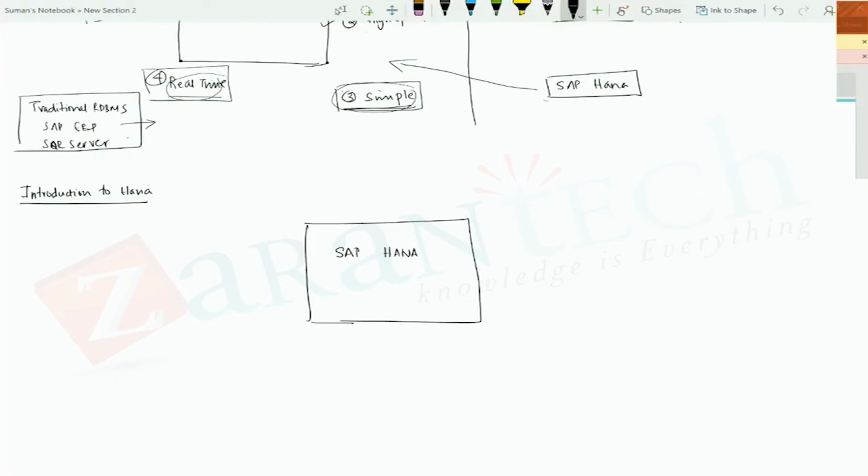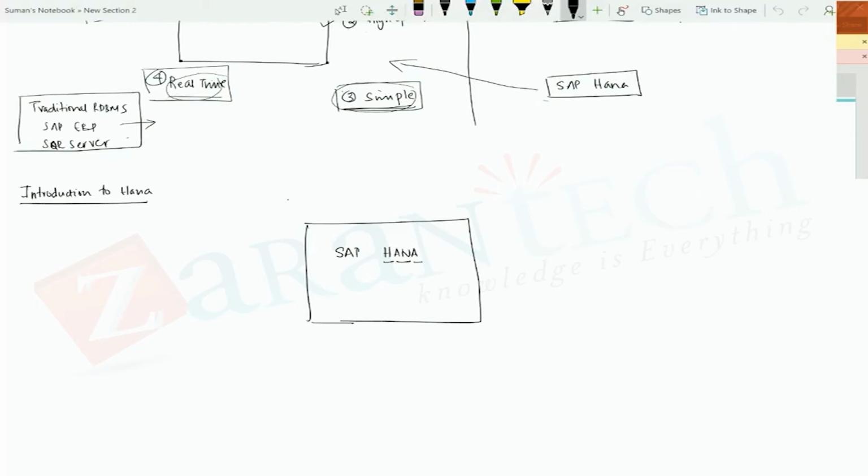To start with, everybody knows that SAP HANA stands for High Performance Analytical Appliance. This is the product that has been released by SAP to solve the challenges that we faced in the common organization, right? What are the common challenges that we face? SAP came up with this particular product to solve those issues. Now, what is this technology? What is SAP HANA?